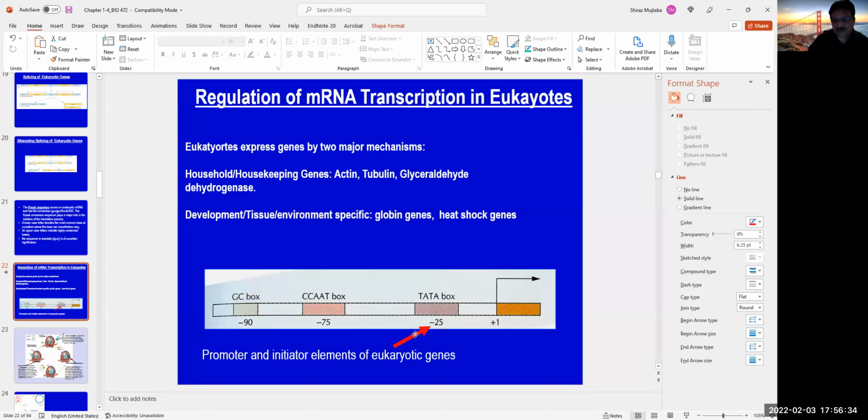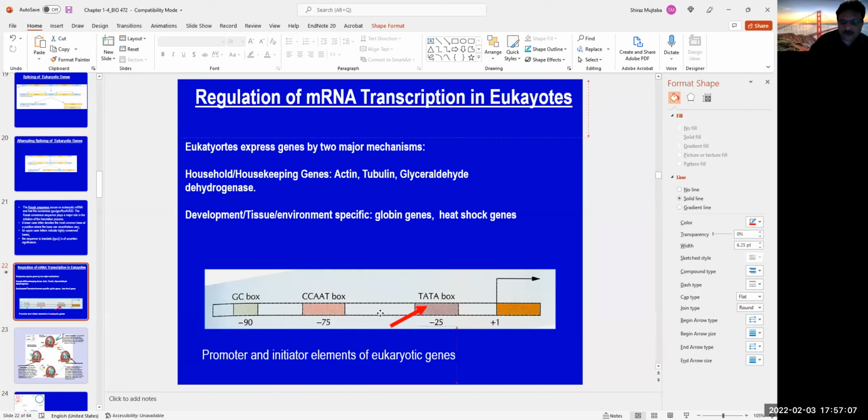Now, what does minus stand for, and what does plus stand for? If this is the starting base for transcription, the starting base can be called +1. Anything before the starting base is in minus. -25, -75, -90. So these are the conserved boxes or sequences of nucleotides at -25, meaning before the starting nucleotide.